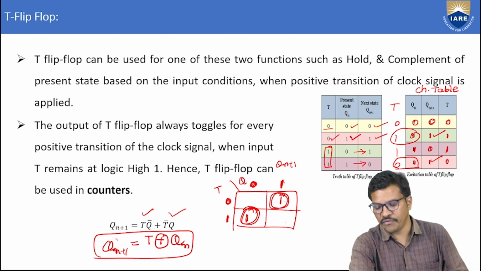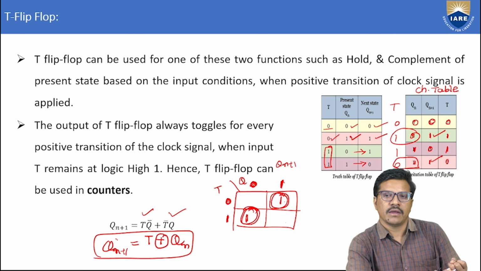Likewise, these are all flip-flops. By considering the circuit diagram, truth table, characteristic table and characteristic equation, we try to understand all these flip-flops. Each flip-flop is used for different applications.